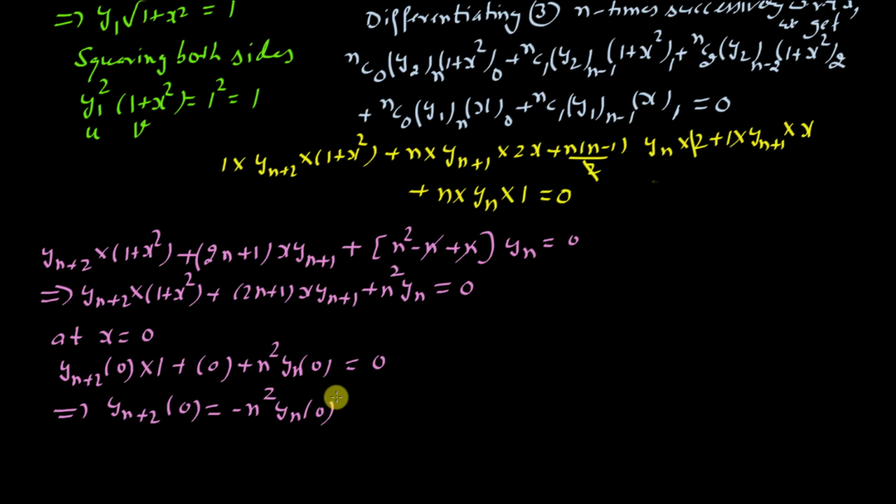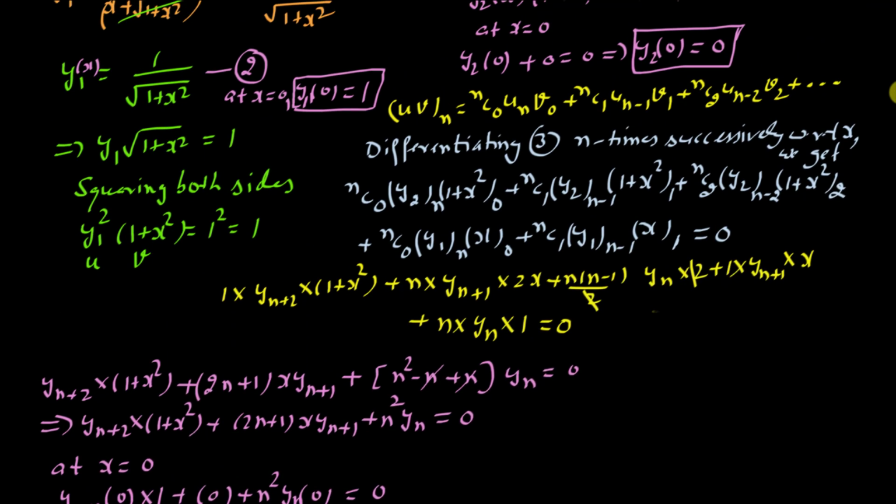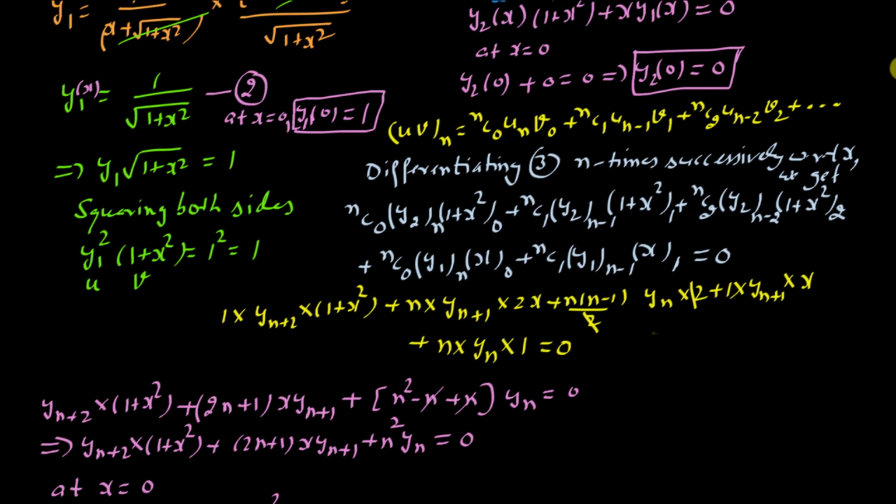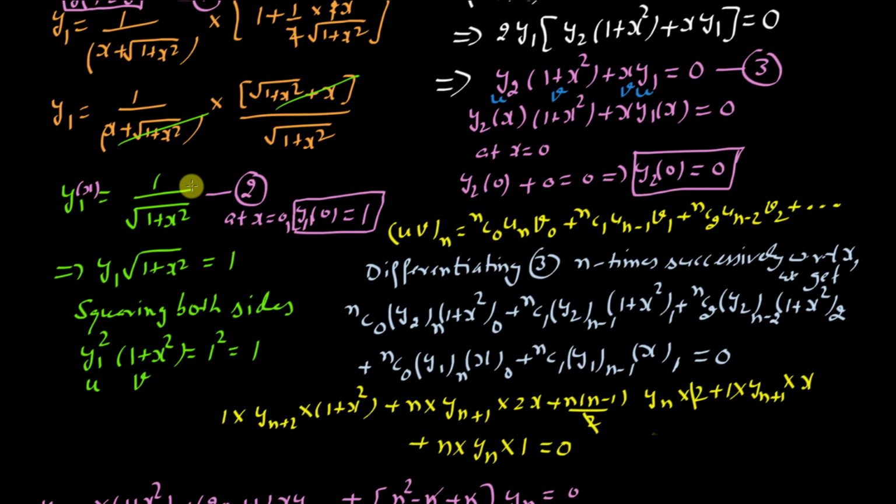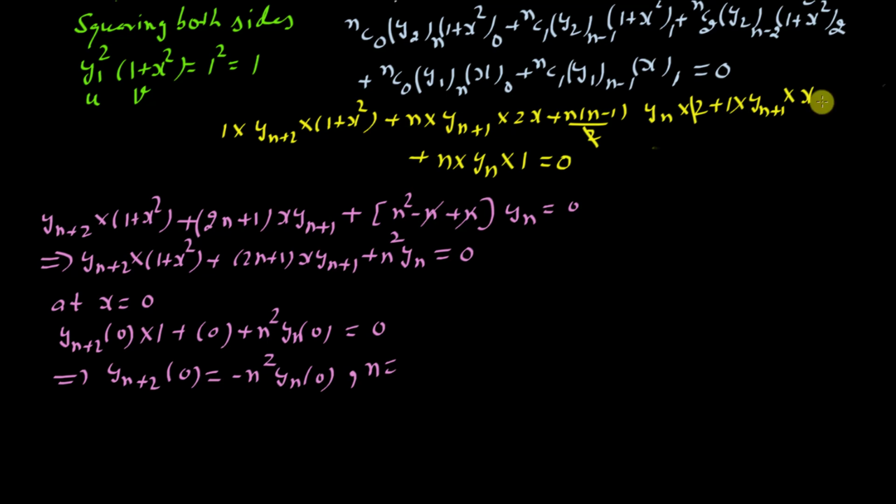Here we should mention the value of n, because we already know the values of derivatives for n equal to 2: y1(0) is 1 and y2(0) is 0. So now from here we should be determining y3(0), y4(0). For that, if we have to determine y3, n should be 1, 2, 3 and so on. Fine.